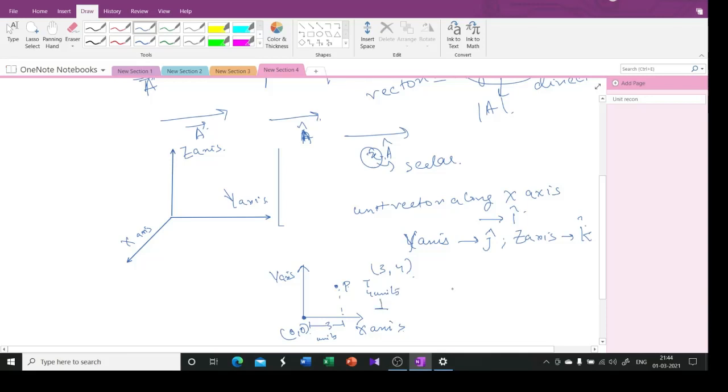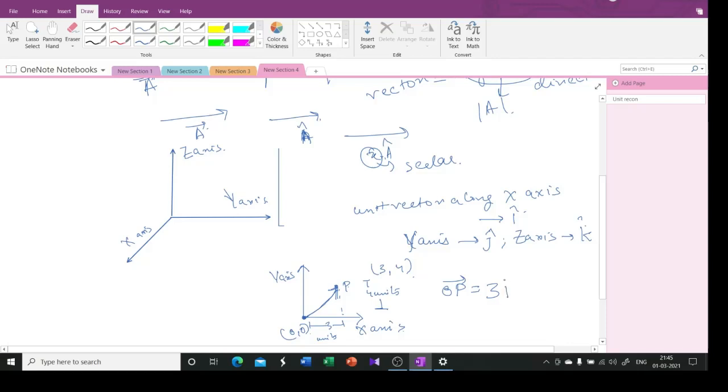So according to our convention, how would we represent this vector OP, this straight line? Like we said, a vector is basically a product of magnitude as well as direction, the unit vector. So what is the magnitude along the x-axis? It's 3. And the unit vector along the x-axis is I cap.